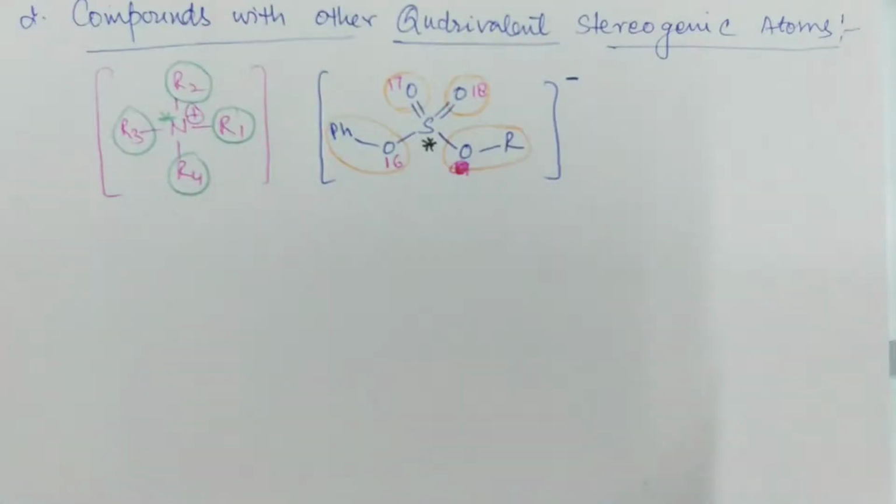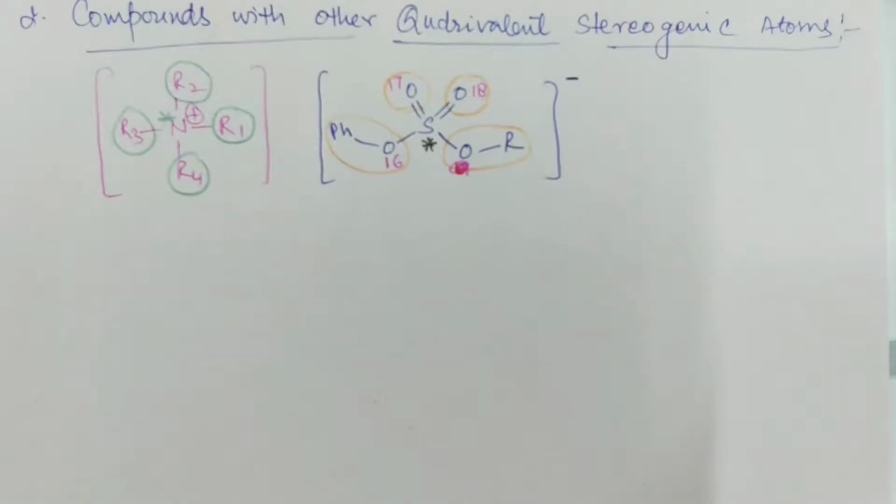In this way you may find other tetravalent atoms like germanium, tin, and lead. All these are compounds without carbon and tetravalent, and they can show chirality.